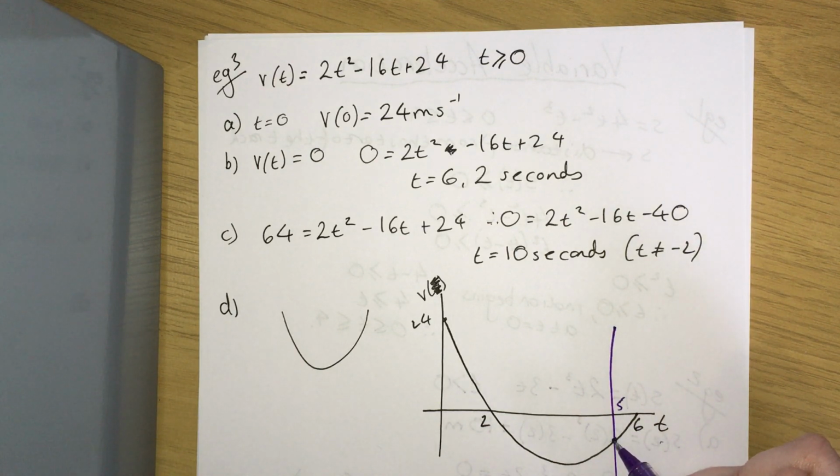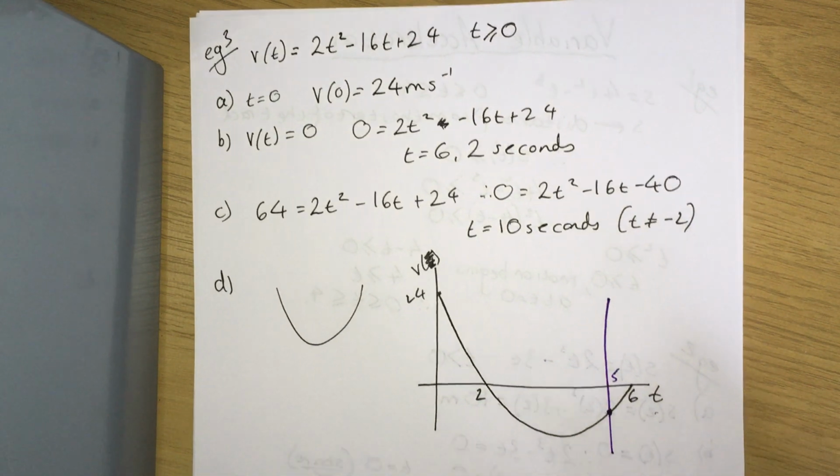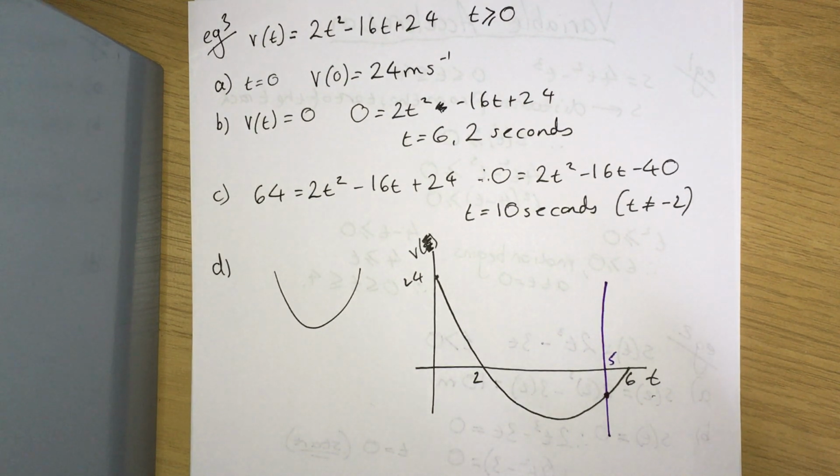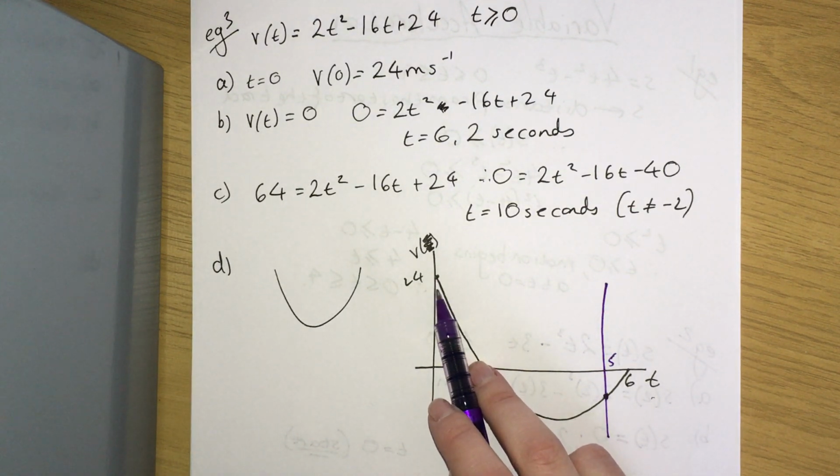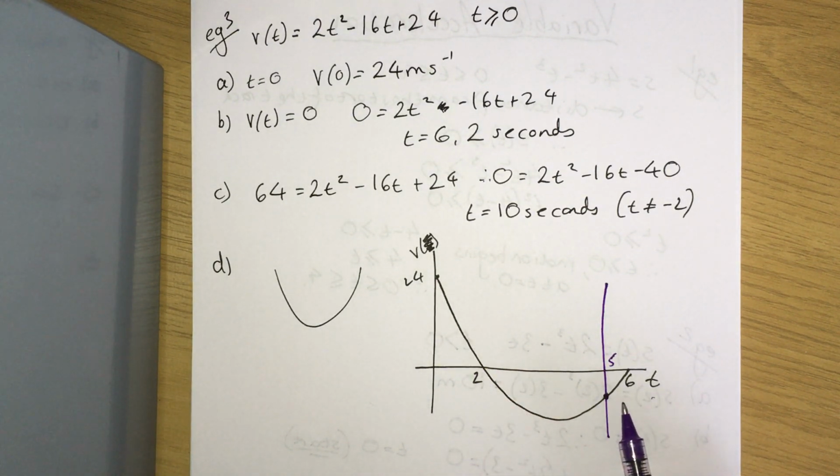Now, evidently it's going to be negative. Remember, velocity can be negative, okay? Because it's talking about direction. Obviously, it's gone in one direction, then it's travelling back in another direction, okay? So we do need to know what this value is, okay?